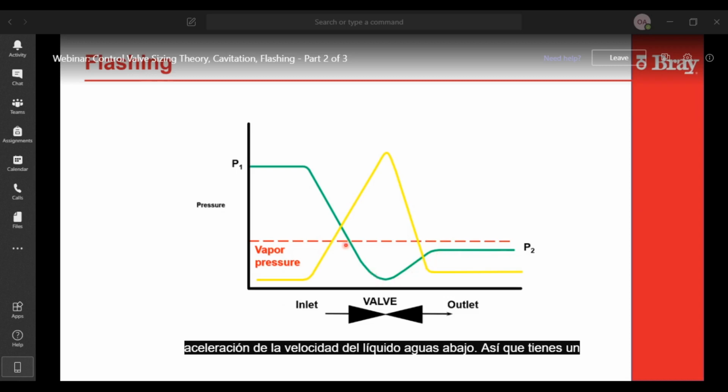You get a very high velocity of gas and liquid downstream, and now you have two-phase flow. So the outlet of a valve in flashing service is two-phase flow, gas and liquid. When you're transforming the liquid into a gas, obviously it has to go a lot faster to pass the same amount of mass through the pipe, right?